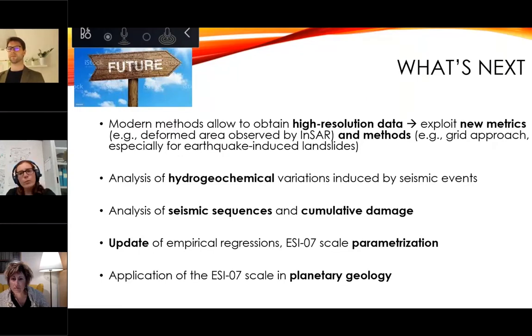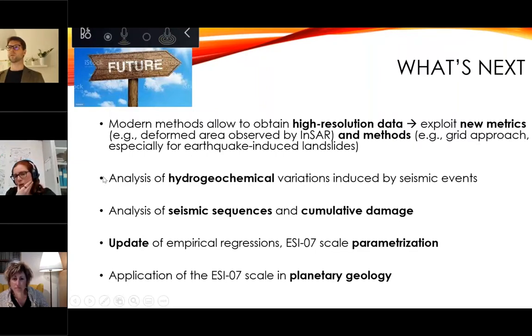So probably new metrics will be explored, like the dimension of the deformed area observed by interferometric studies. As I mentioned before, the grid approach, I think, will be more applied, in particular for slope movements.